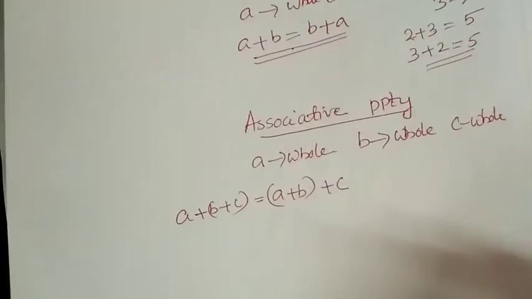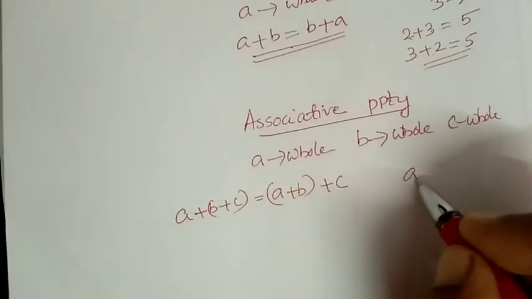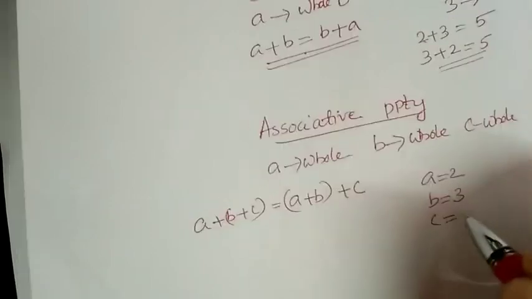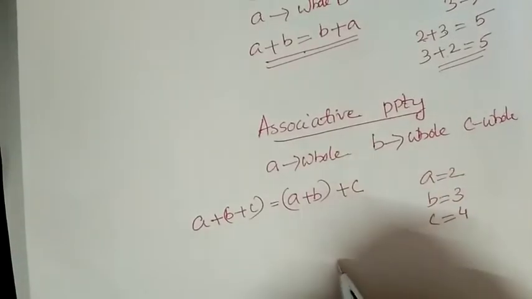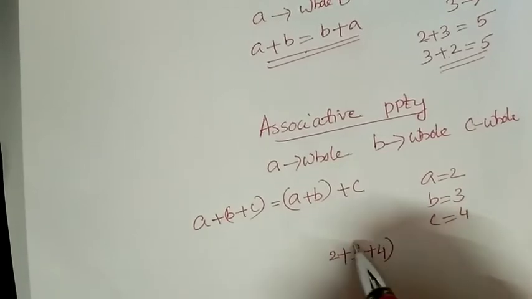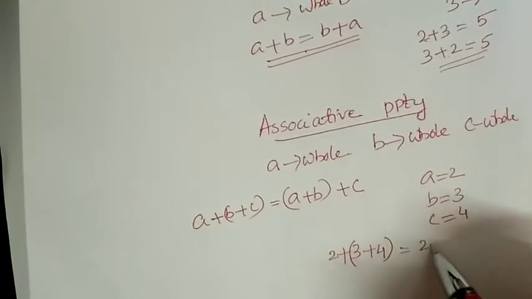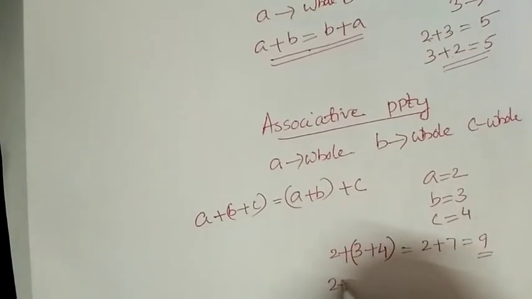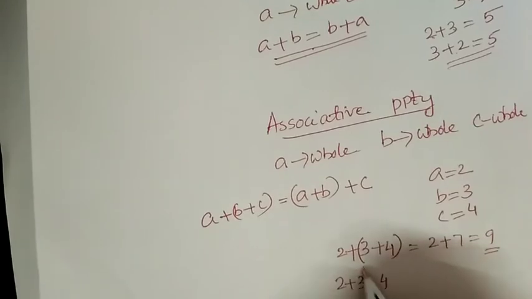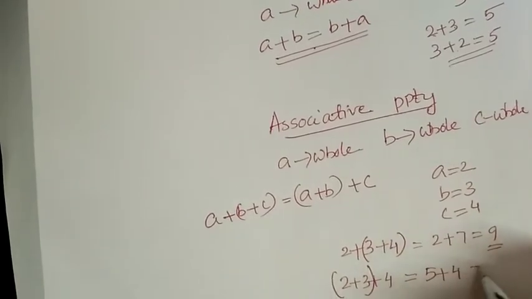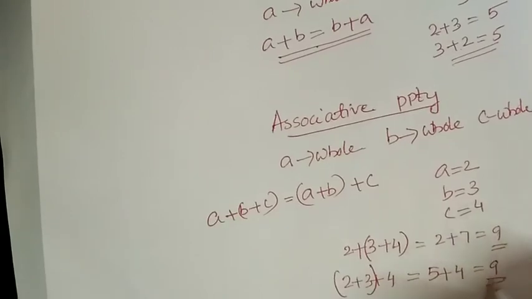Why? Suppose A is equal to 2, B is equal to 3 and C is equal to 4. Then what is A plus B plus C? That means 2 plus 3 plus 4. Here first you add the last two numbers: 2 plus 7 is equal to 9. And again for 2 plus 3 plus 4, first you add the first two numbers: 5 plus 4 is equal to 9. Here these two answers are the same.